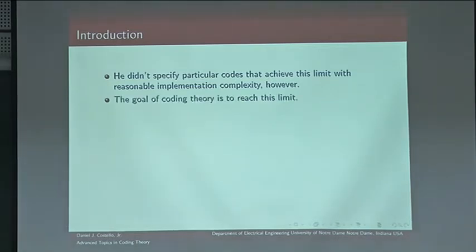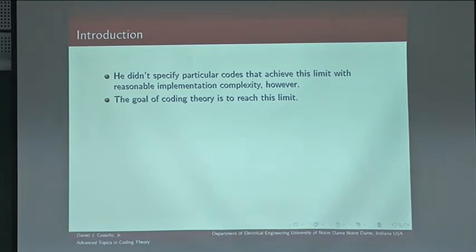The goal of coding theory is to design codes that come close to achieving Shannon capacity with reasonable implementation complexity. That means that as you make your codes longer, and you always can do better with longer codes, you don't want the implementation complexity to grow, say, exponentially.